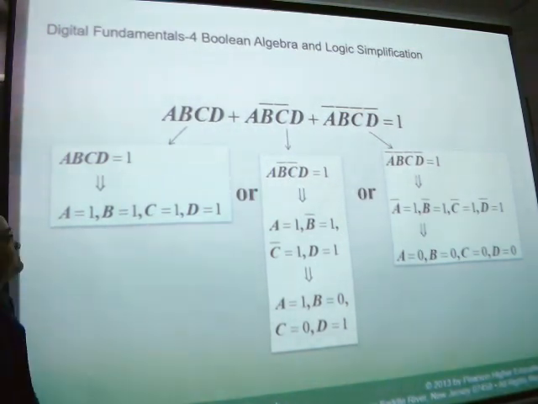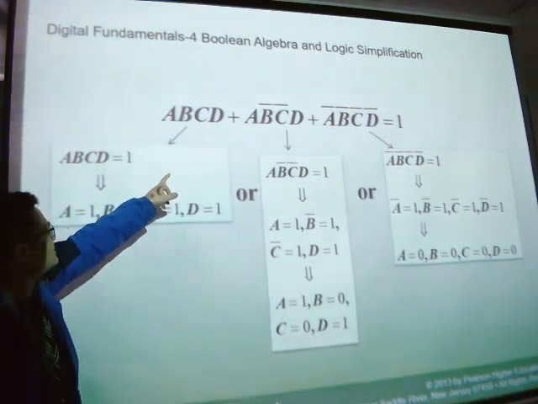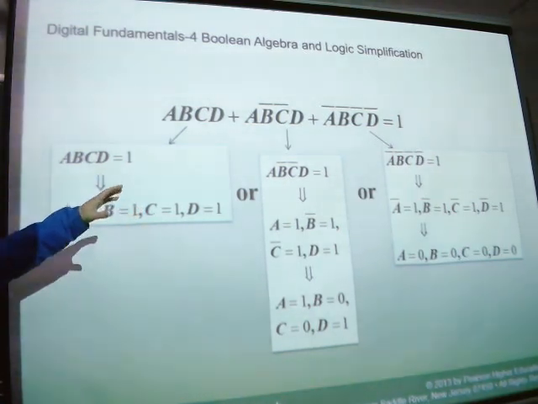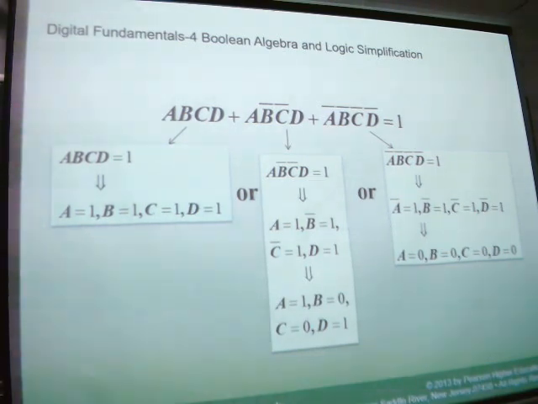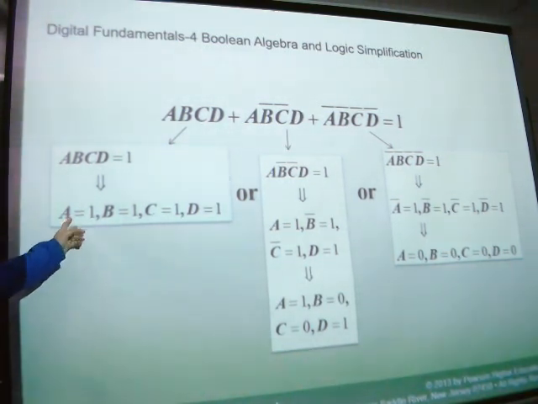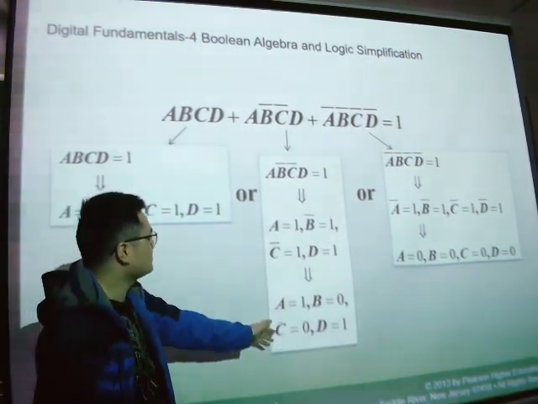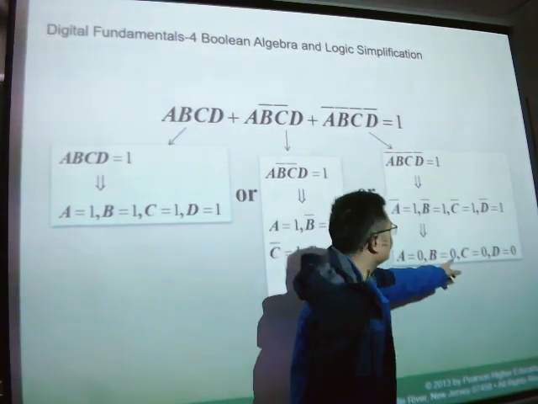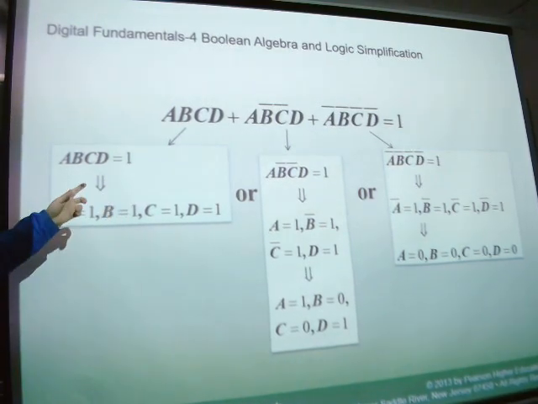So if one or more standard product terms equals 1, then the expression equals 1. So if A, B, C, D equals 1, 1, 1, 1, or 1, 0, 0, 1, or 0, 0, 0, 0, then the expression equals 1.